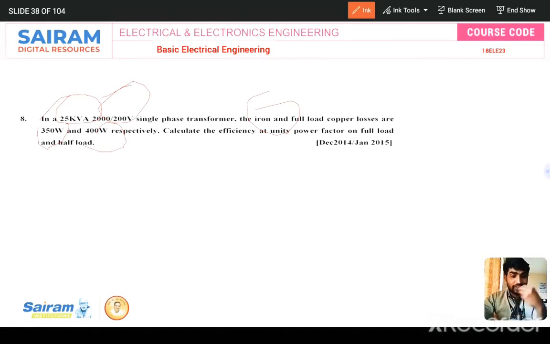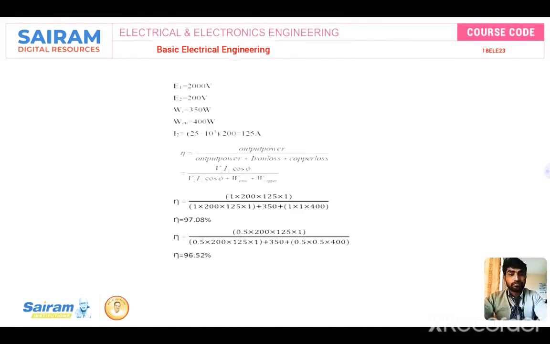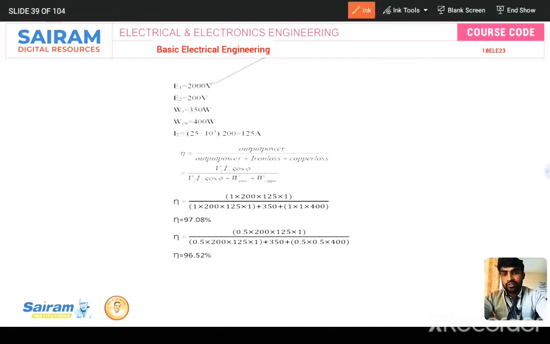We need to calculate now. All the data is given. So E1 is given, E2 is given, Wi is given, Wc is given. How to calculate I2? I2 is equal to kVA rating into 1000 divided by V2. Otherwise, if you want I1, it is kVA rating divided by V1 voltage.